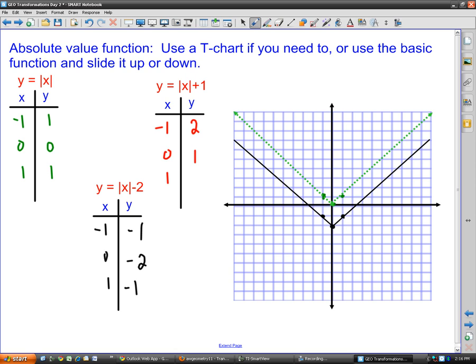So if I plot my points, we'll get another V-shaped graph. And so then I could draw in my absolute value function, and it will look something like this. And so again, you can see that it doesn't matter whether it's absolute value, quadratic, or linear, the function is moved up or down with the adding or subtracting outside the function.